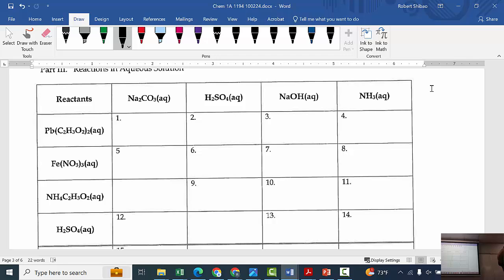Sulfuric acid. Yeah. So I'm going to pour the ammonium acetate in here. Ammonium is a weak acid, but acetate is also a weak base, so I expect something to happen here. I'm going to take my sulfuric acid and add it slowly, just to make sure it doesn't go violent.